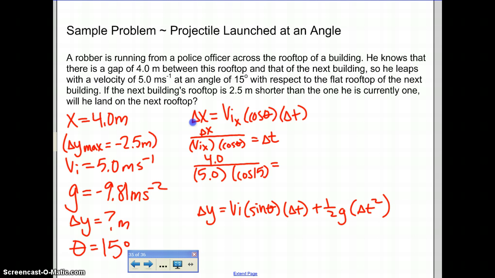In your calculators, 4.0 divided by, start it, 5, end it, start it, cosine 15, end it. Watch your parentheses there. Enter. Should give you a calculator answer of approximately 0.83. So your delta t, looking at your sig figs, is 0.83 seconds. It's not a final answer, so do not box it.